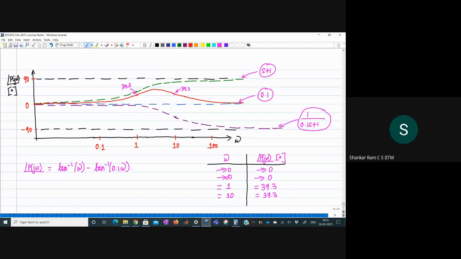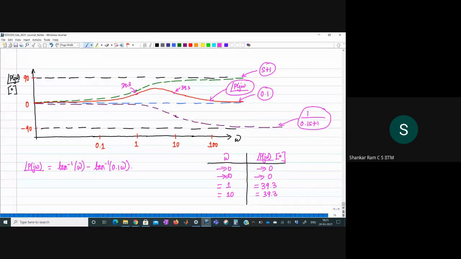Okay, and this is the phase of the transfer function P of j omega. Right, so it will reach a peak between the two corner frequencies. It is clear how we got it.